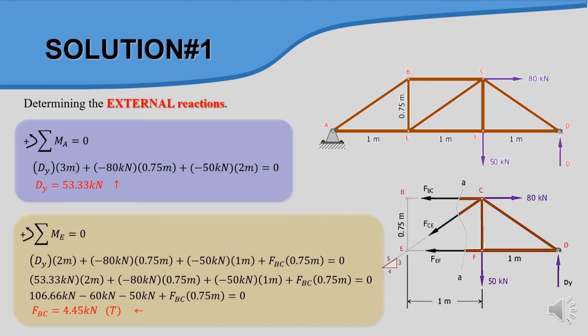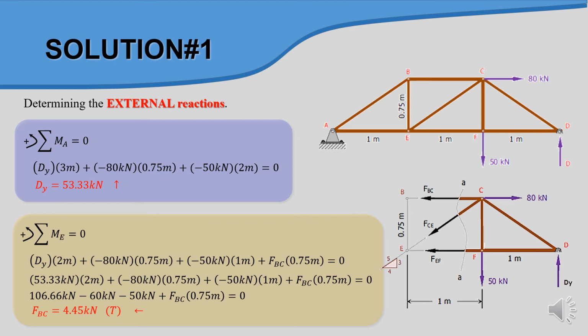Then we have only four forces acting: FBC, and the three forces 80 kilonewton, 50 kilonewton, and DY, which is equivalent to 53.33.